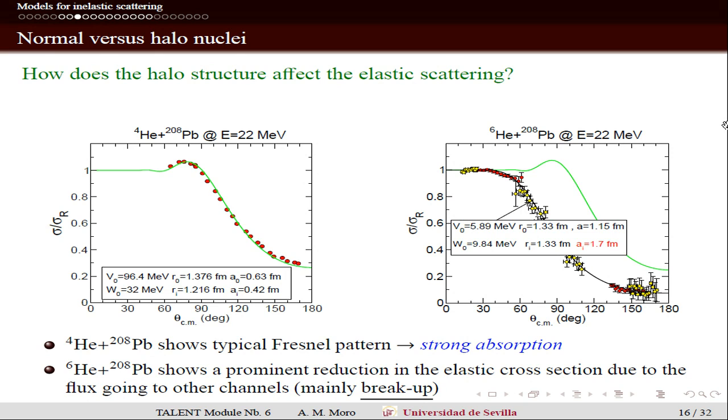So clearly it's not just a matter of size, of the fact that helium-6 is more extended than helium-4. There is something else apart from that. And what is missing here is, of course, the coupling to continuum states, or more generally, the possibility of helium-6 to break up, to dissociate in the field of the target.